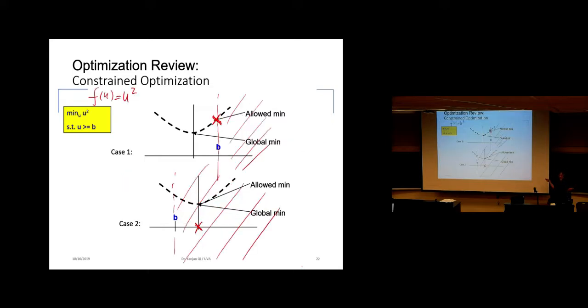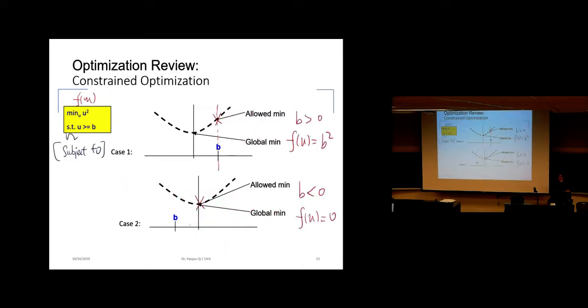All right, I already showed you that in the first case the best u is b, and the best objective value is b quadratic. In the second case, the best u is 0, and the best objective value is also 0.